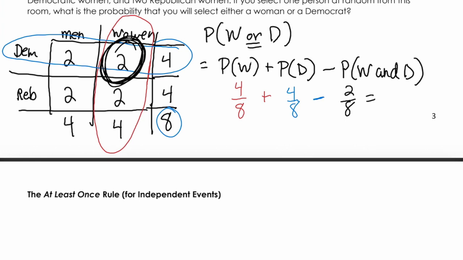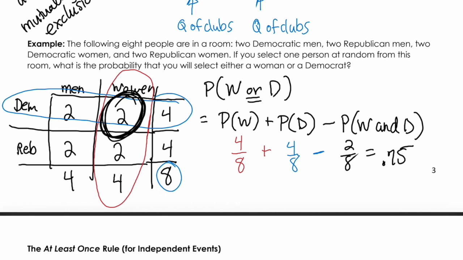So when I put 4 over 8 plus 4 over 8 minus 2 over 8 in my calculator, I'm going to get 0.75. So the probability of selecting a woman or a Democrat is 0.75 or 75% chance.